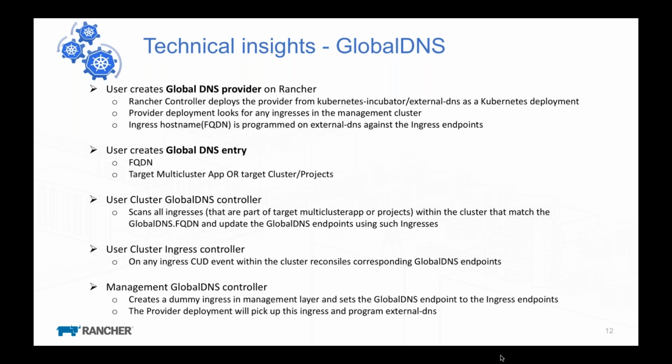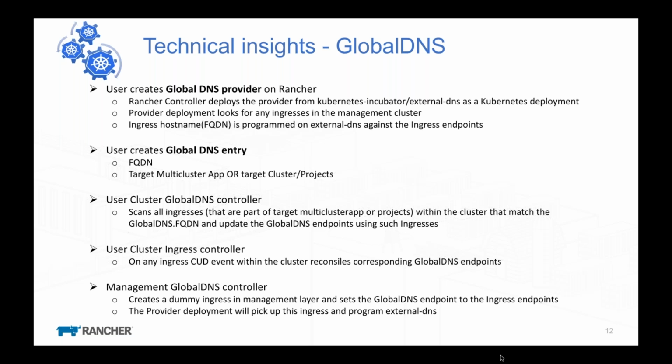So, a little bit of a technical dive for the global DNS side. The user, as we saw, has to create a global DNS provider on Rancher. When the provider is created, there is a controller on the Rancher side that deploys the same provider from the Kubernetes incubator external DNS project as a Kubernetes deployment.